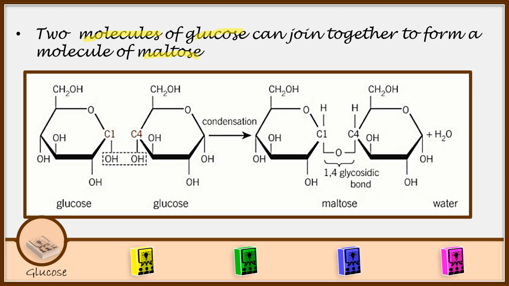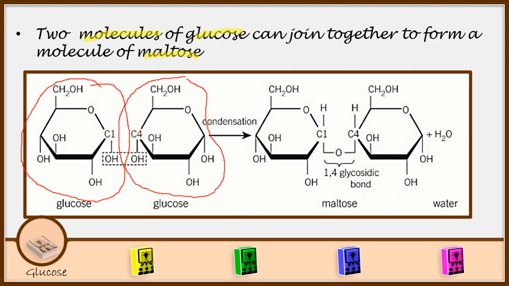This one is a molecule of glucose, what you are seeing here, and this is alpha glucose. This one is also a molecule of glucose, and it is also alpha glucose.